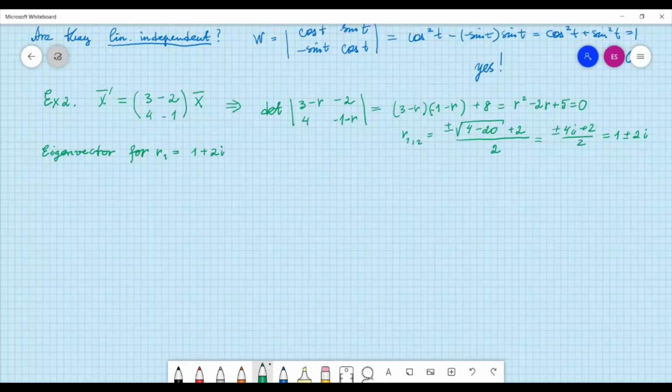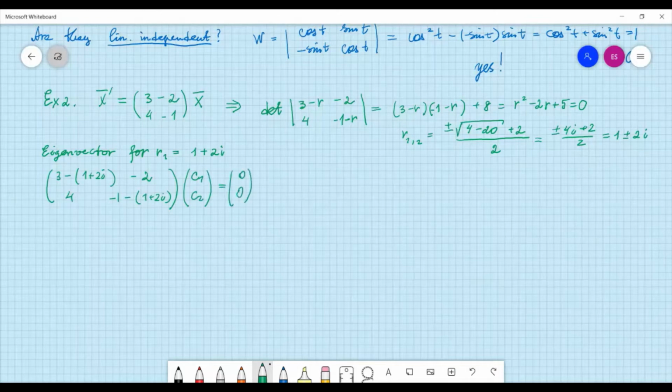Okay, so I'm going to plug this one into my matrix. Now it's going to be a little bit more complicated, right? It's going to be 3 minus (1 plus 2i), and here minus 2, and here 4, and this minus (1 plus 2i). And I multiply this matrix by a vector of two constants, c1 and c2, and it's supposed to be equal to 0 and 0.